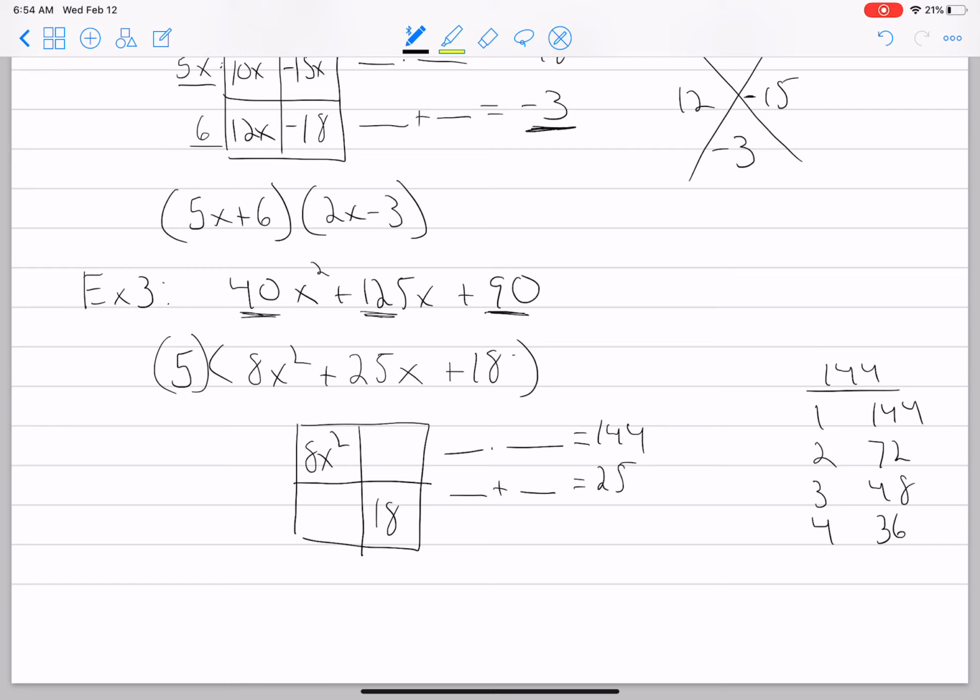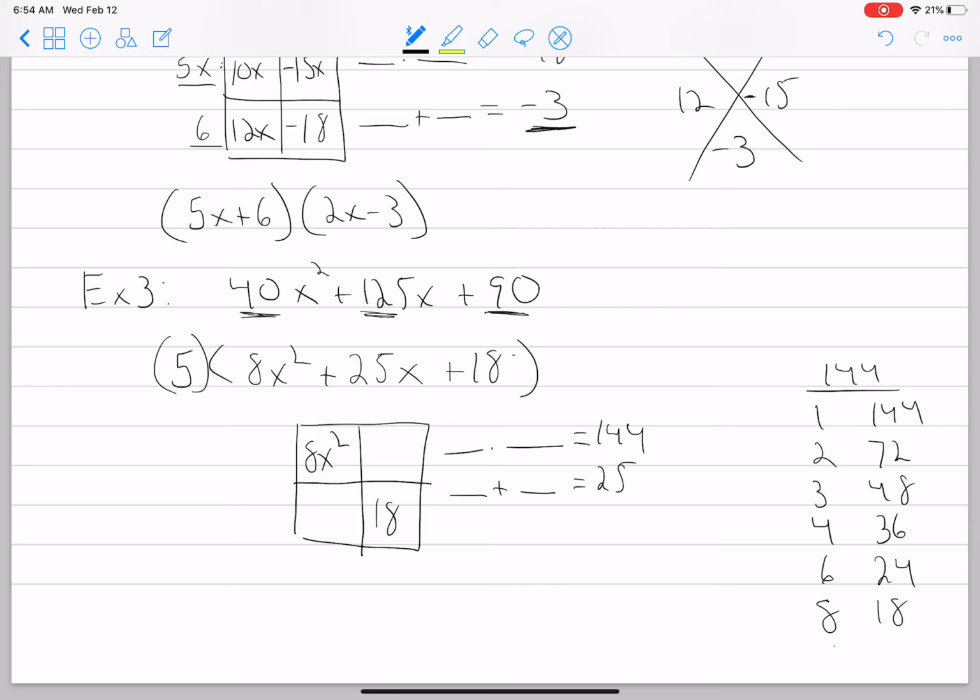I know 144 can't be divided by 5. 144 divided by 6 is 24. Getting closer. Not quite. 144 cannot be divided by 7 evenly. 144 divided by 8 is 18. And 8 and 18 would give me what? 26. Close, but not quite.